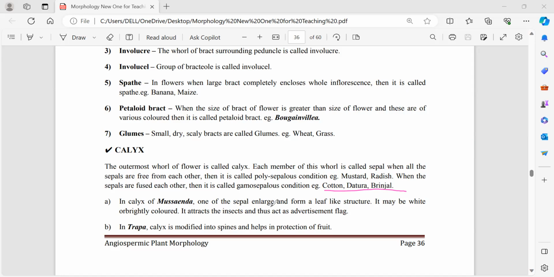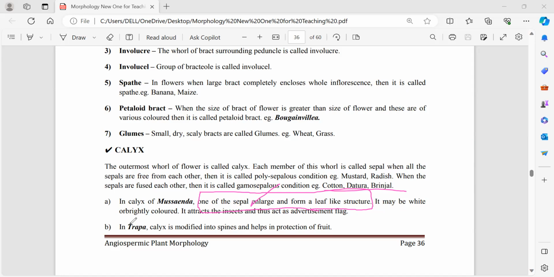Musaenda. One of the sepals enlarges and forms a leaf-like structure. We see the variations of these floral parts in the plant kingdom, in the angiosperms, because angiosperms are the only plants that produce flowers. So we are concerned with the angiosperm morphology. यहाँ पे एक एग्जाम्पल है मुस्सेंडा. इसमें क्या है, one sepal is very large and that has become leaf-like.